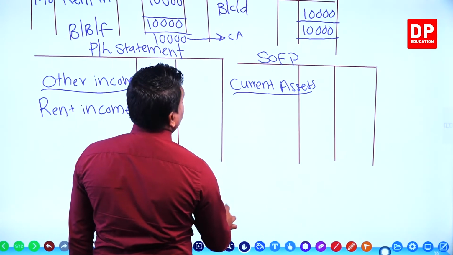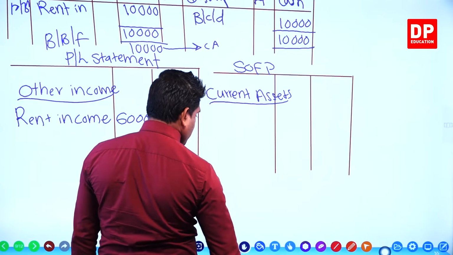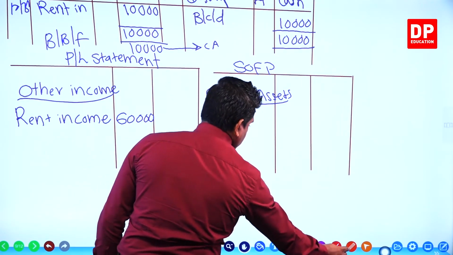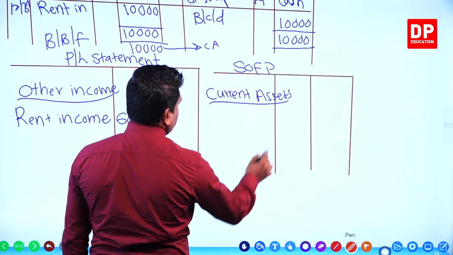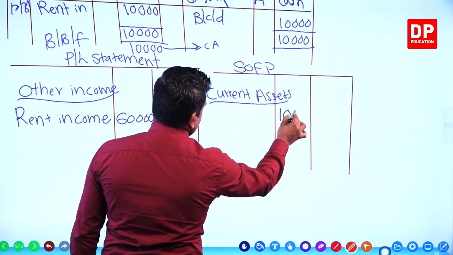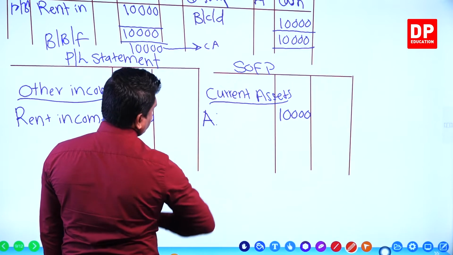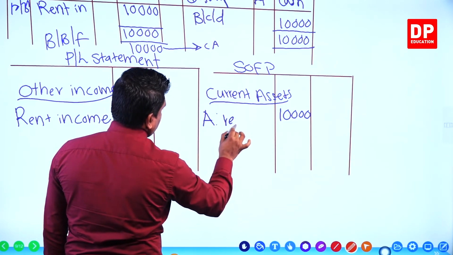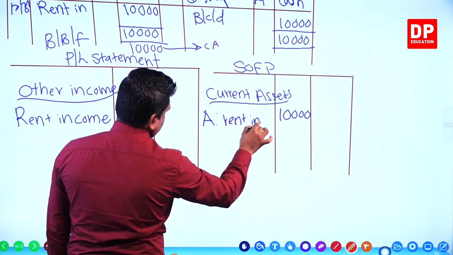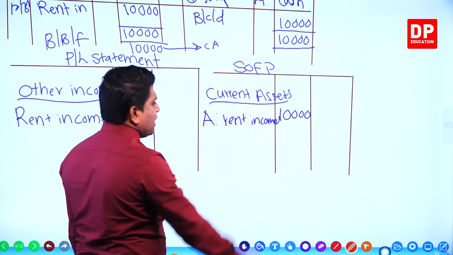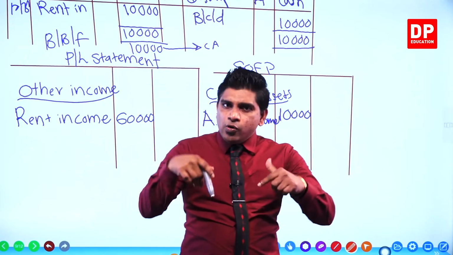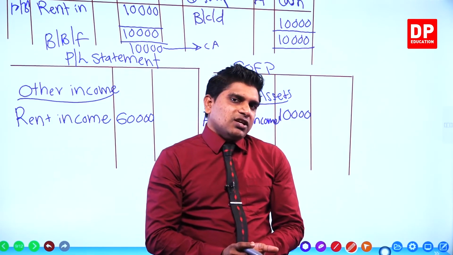Only the 10,000, right? What is it? Accrued rent income. Yeah, it's finished now.